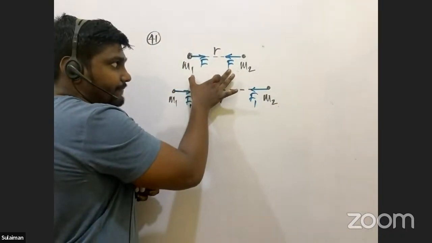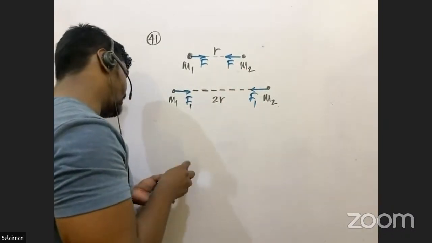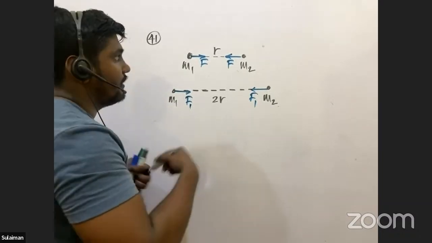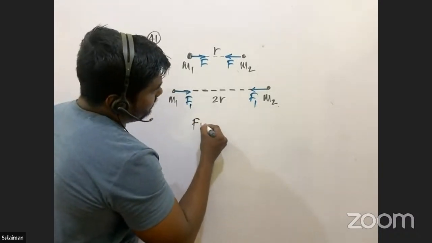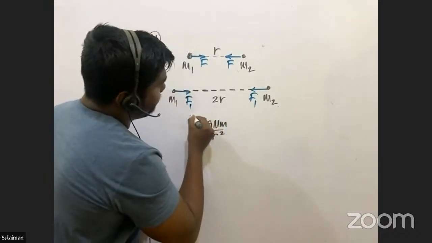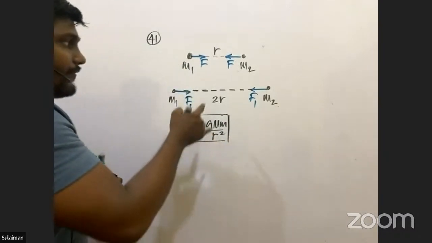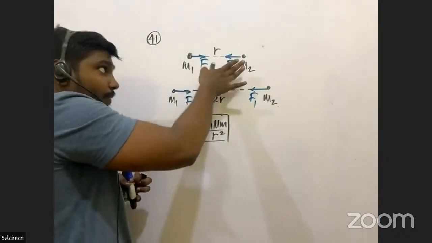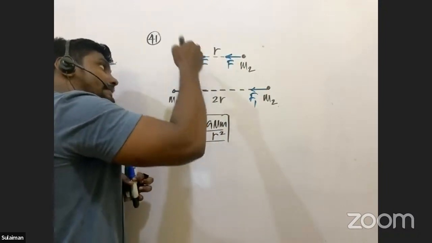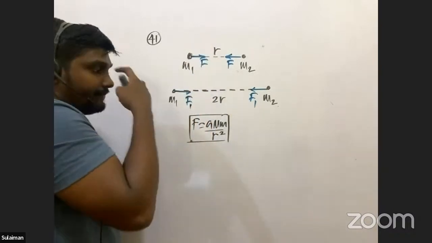Can you remember the gravitational force? We know Newton's law of gravitation: F equals G M m over R squared. When you consider the gravitational force between two masses, it is directly proportional to the multiplication of these two masses, m1 and m2, and inversely proportional to the distance squared.